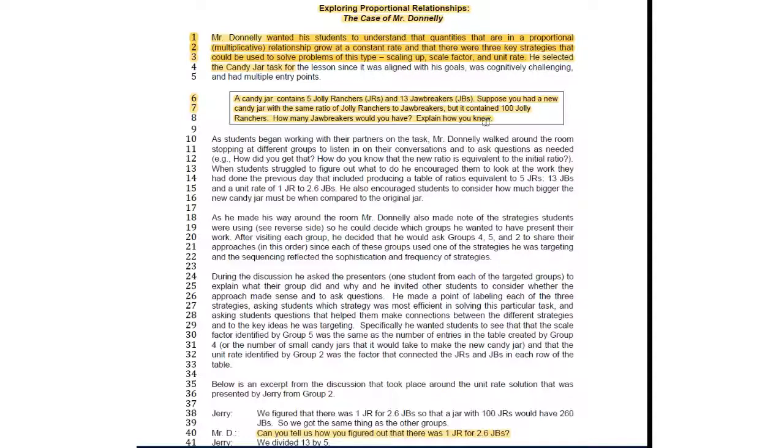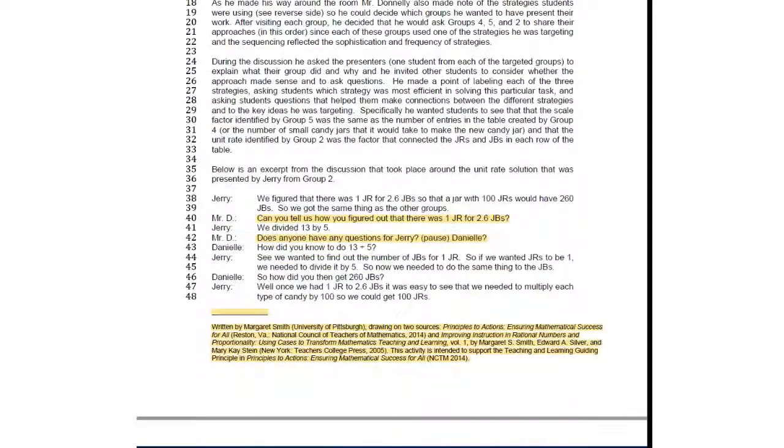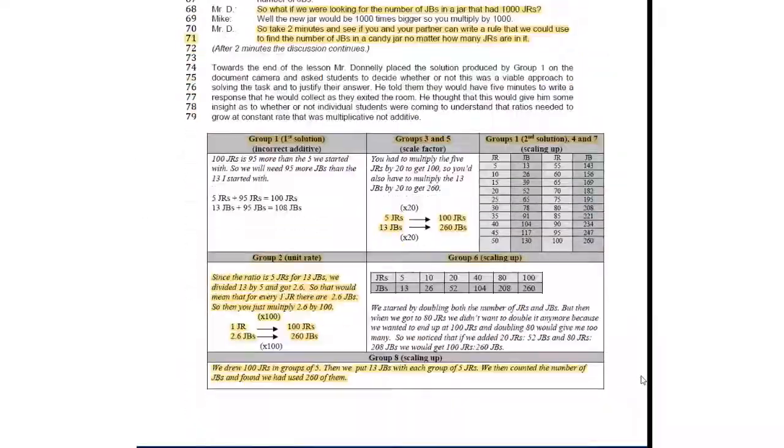Now let's look at the different solution strategies Mr. Donnelly's students came up with. Group 1 had a misconception that the relationship was additive. Group 2 used unit rate. Groups 3 and 5 used scale factor.